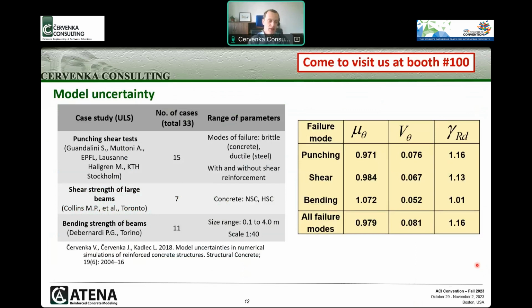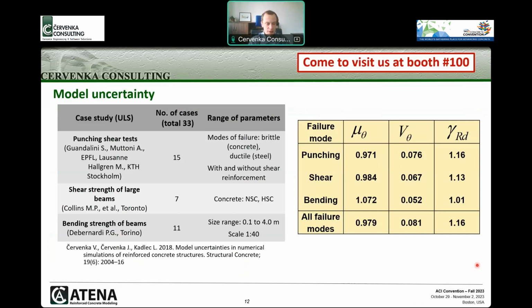One source of this uncertainty is that usually only one parameter is provided for the modeling, which is the compressive strength, while in fact for the nonlinear material model we need several parameters, and these are all based on the provided compressive strength. Another thing is that it's still a material model.